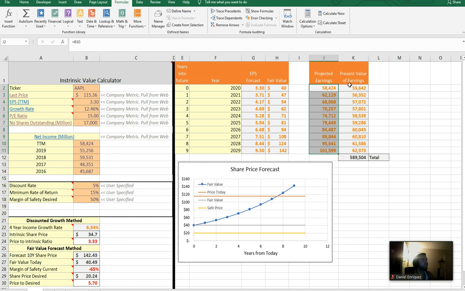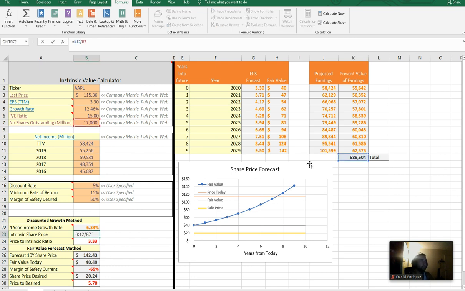And then you have to use the discount rate to evaluate what the present value of those future earnings are. So basically those future earnings minus the inflation. And the present value is there, and you can sum all those up to get the present value of the future earnings of the stock, and divide it by the number of outstanding shares to get an intrinsic share price.